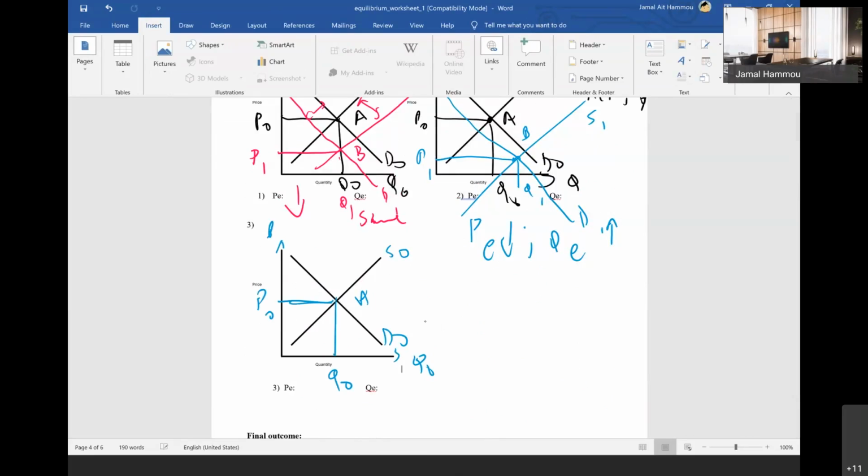Okay, so now I have to do the opposite of this, meaning I will increase the supply just a little bit, but I will decrease the demand. Huge shift in the demand. The effect in demand is bigger than the effect in supply.